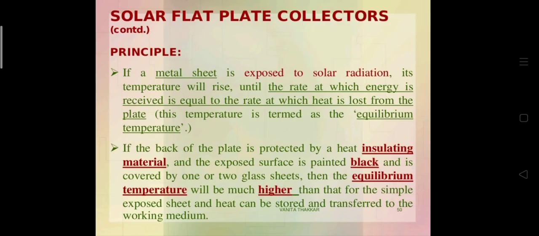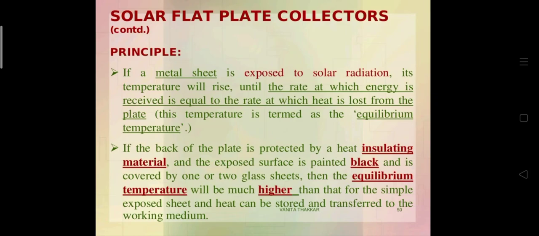If the back of the plate is protected by heat insulating material, there is no heat loss from the back of the plate, and if the exposed surface is painted black, it absorbs much more solar energy, and it is covered by one or two transparent glass sheets.